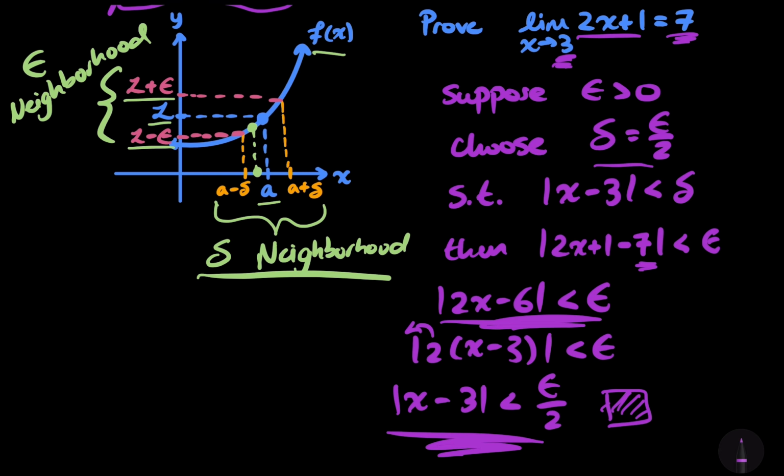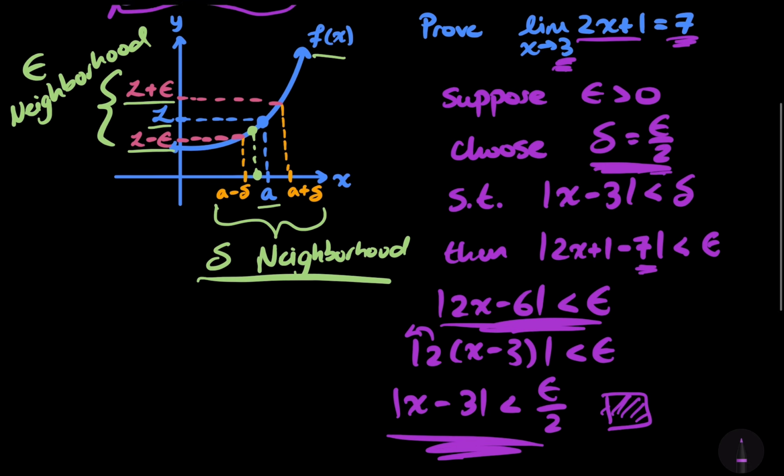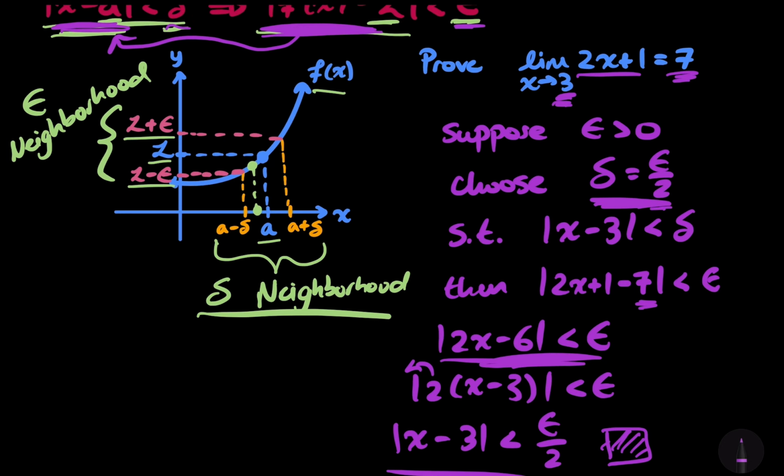We're able to pick some delta, and this is a valid delta. It's defined in terms of epsilon, it's independent of x, it's independent of the a value you select. As long as we pick this to be our delta value, we have a valid delta neighborhood with respect to our epsilon neighborhood.